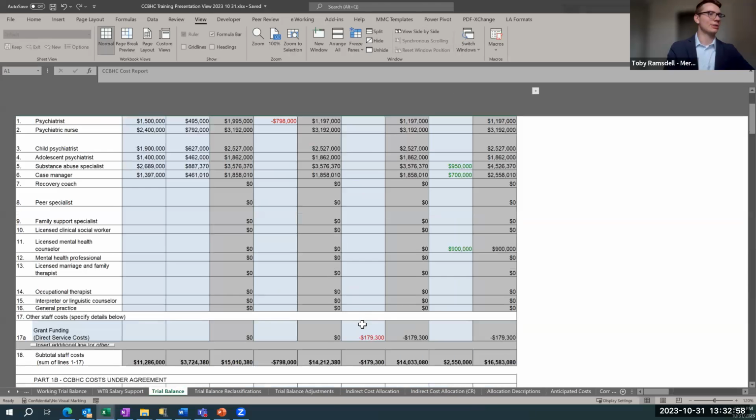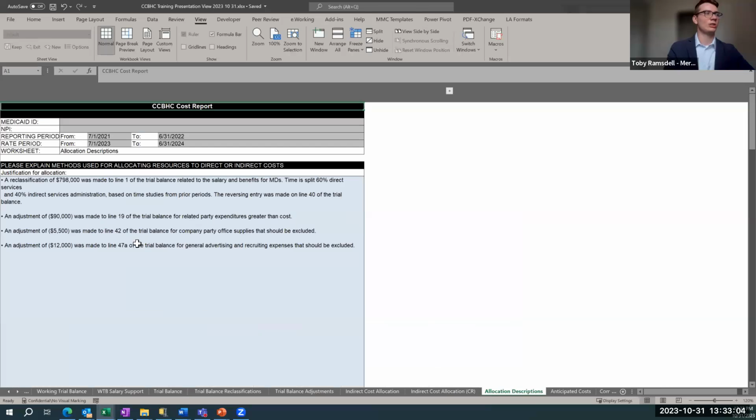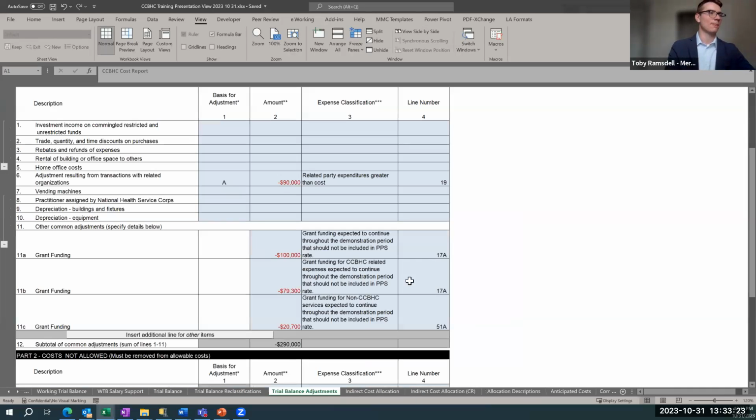But in the trial balance, I can see I made the adjustment for $79,300. In the allocation description schedule, I would say that that amount, that $79,300, is related to a general grant or a behavioral health grant, something like that, that can be used for both CCBHC and non-CCBHC services. And so that description occurs in this line, 11B.